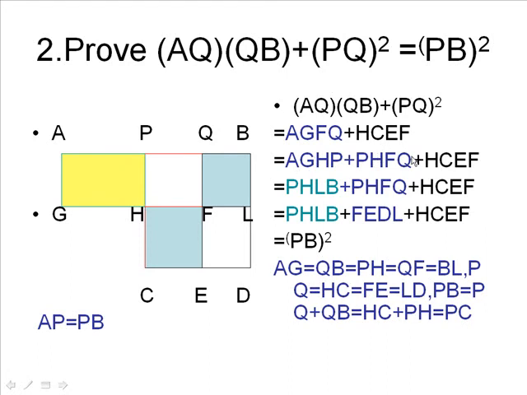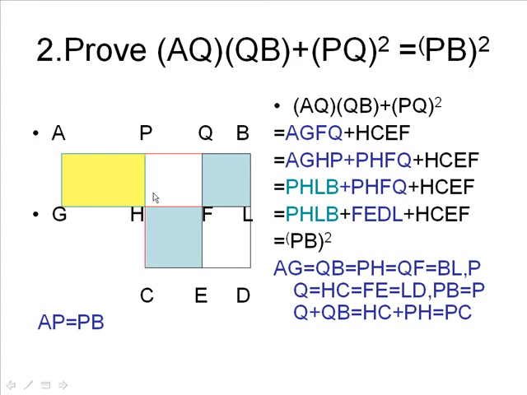And AGHP is equal to the area of PHLB because these two, the yellow one and this one here, have the same length, AP and PB, because P is the middle point, and the same width, AG and PH. So that means these two are equal. And then we look at PHFQ.